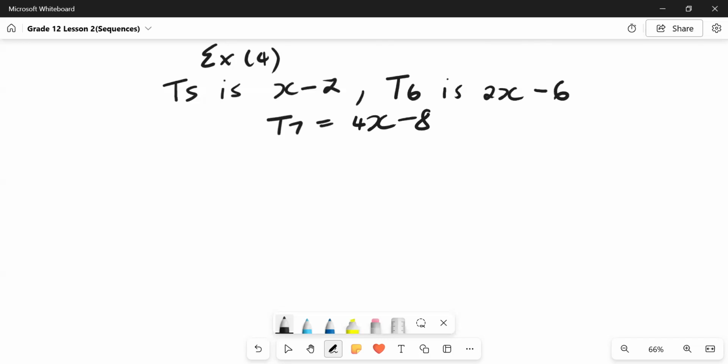For A, we have to solve for x, and then for B, we have to look for the sequence.